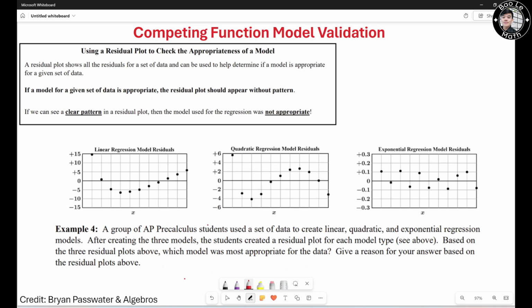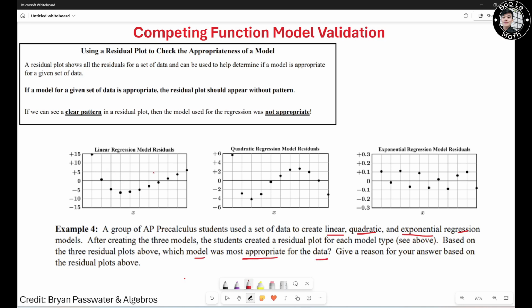Alright, so let's move on to the next example. A group of AB Precalculus students use a set of data to create linear, quadratic, and exponential regressions. Now, given the three residual plots right here, which model was most appropriate for the data?